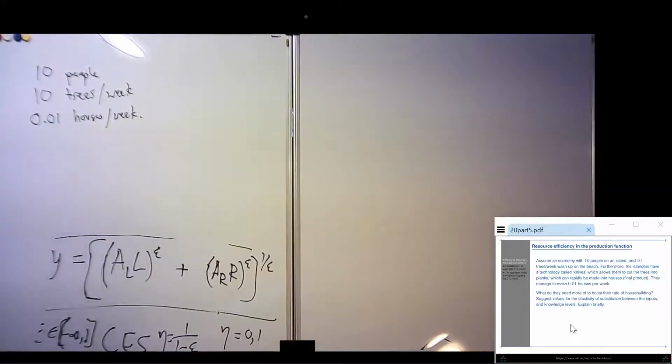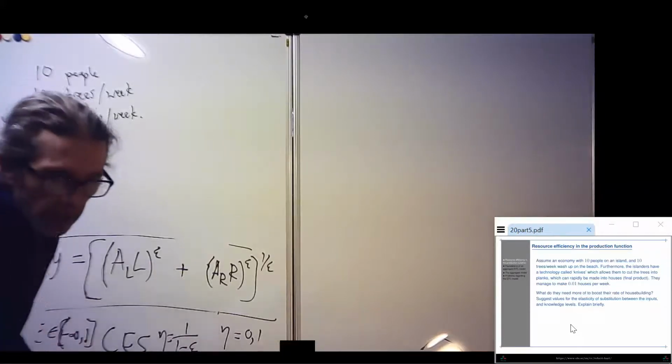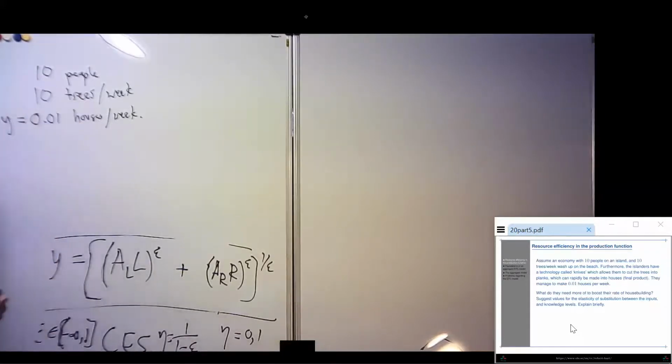Now then, what is Y? Y is 0.01. Let me check whether that came onto the picture. Yeah, it did. Okay. Y is 0.01 houses per week. What is R? R is 10 trees per week.